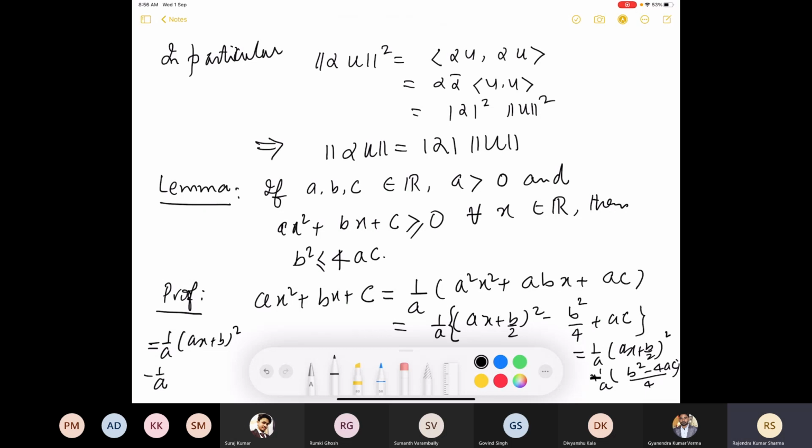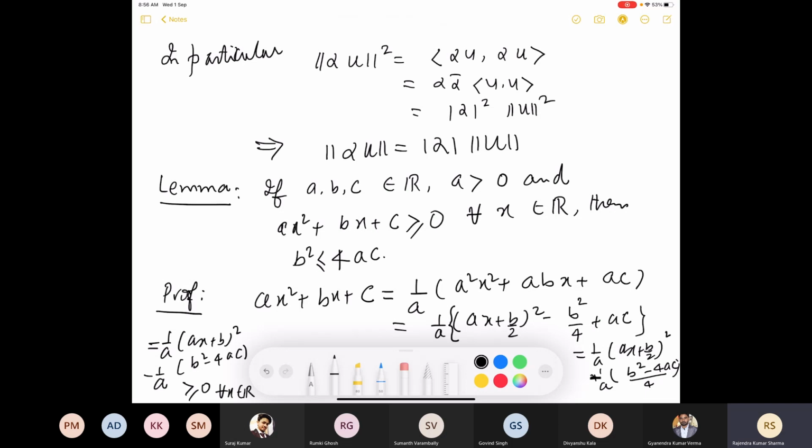This is what it is. Okay. Now this is always non-negative. So this is always non-negative for all x in R.